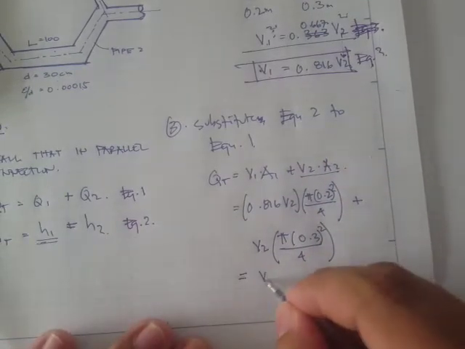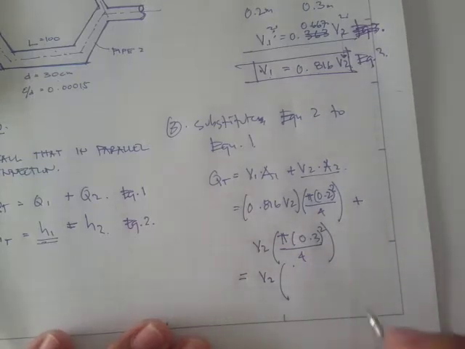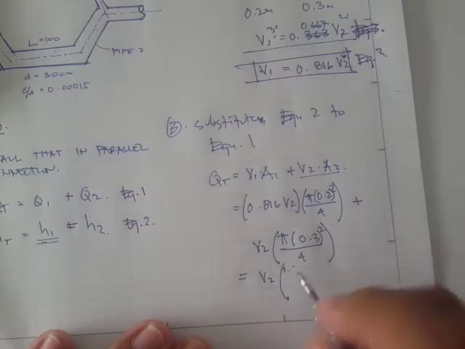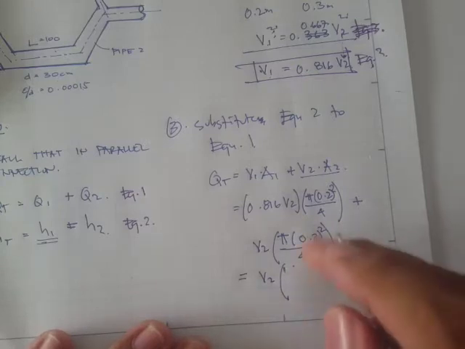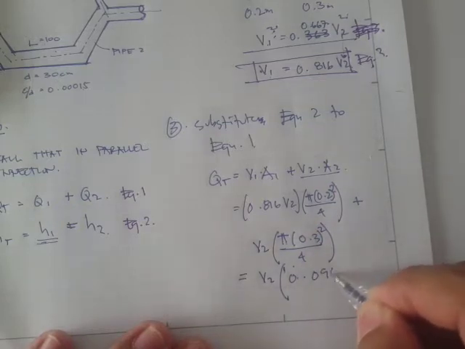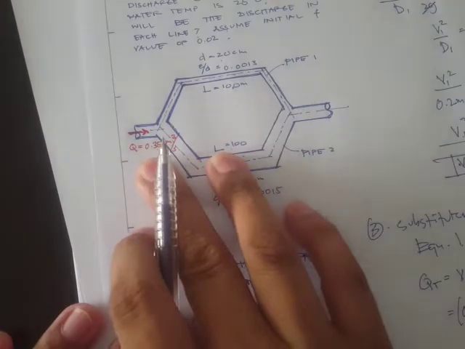Okay, so here we get v sub 2 is pi, sorry, this is no longer pi. If we do the computation, what we get here is 0.0963. Right, this is our Q total, but the Q total is 0.35.